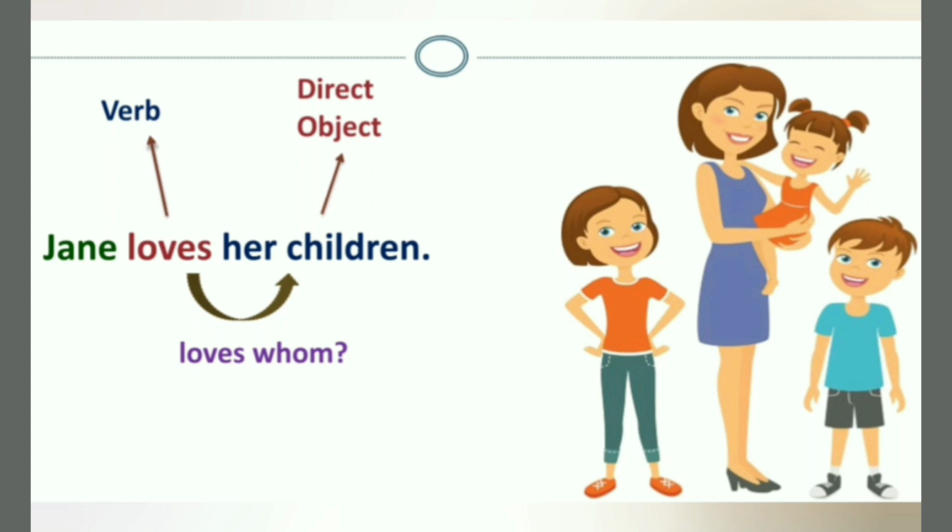Jane loves her children. Here, the verb is loves. And when we ask the question, loves whom, we get the answer, her children. Hence, her children is the direct object of the verb loves.